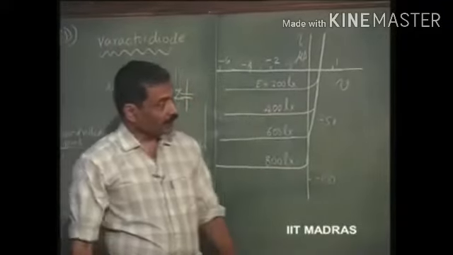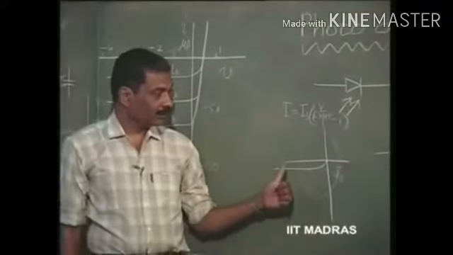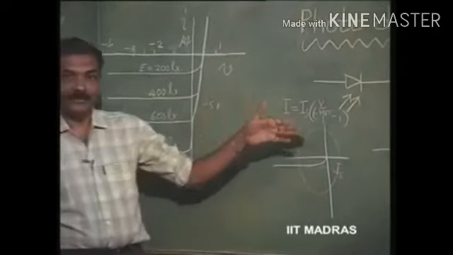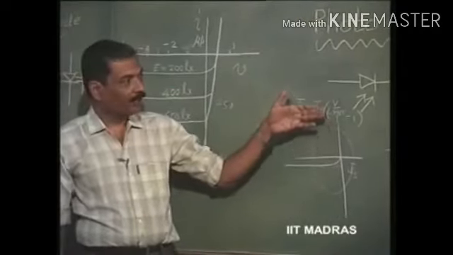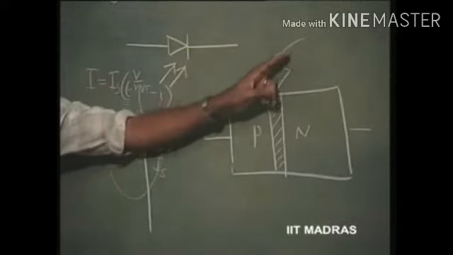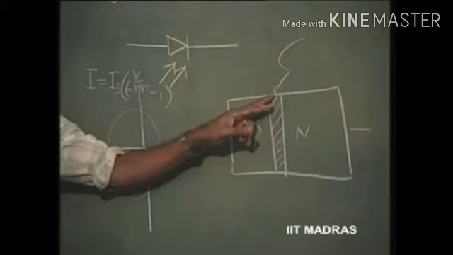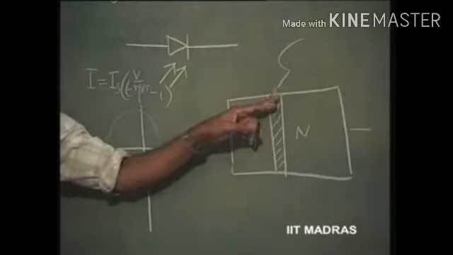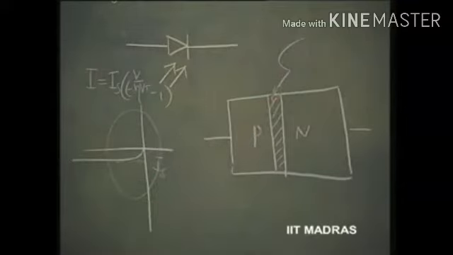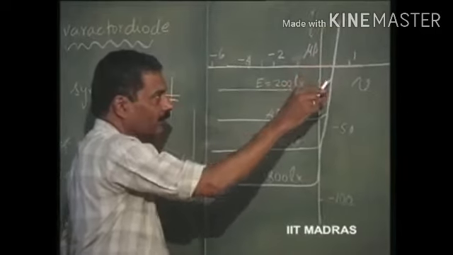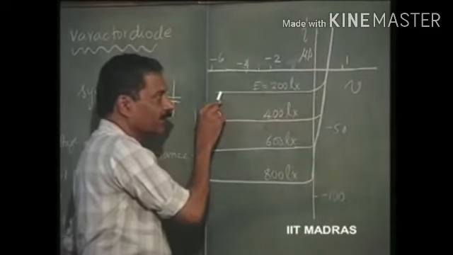So, basically remember that you are increasing the reverse saturation current and providing a sustained reverse saturation current of increased magnitude by giving energy here, light energy here. So, this is the source from which it gets the energy. So, this particular diode characteristic now will be like this. This is the reverse saturation current saturating here.